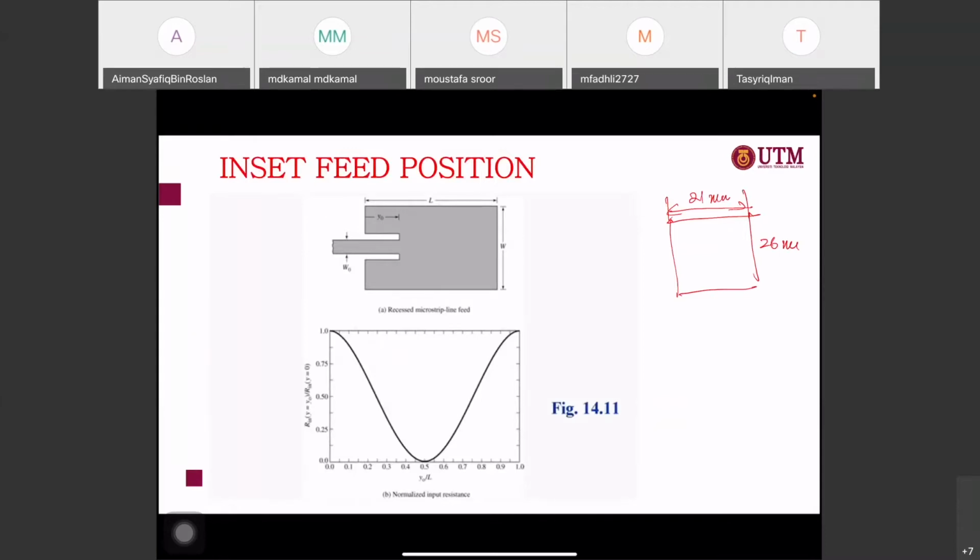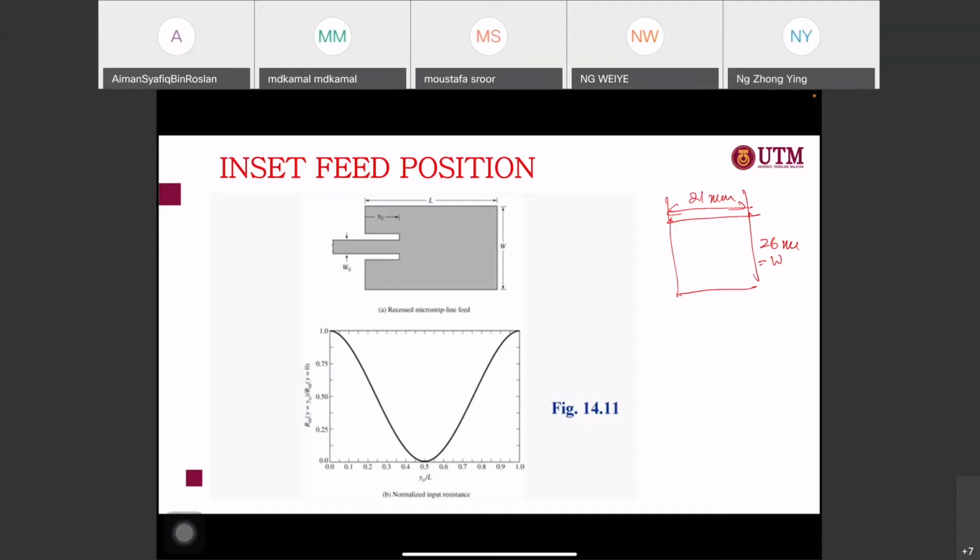Yes. Okay, how about the rest? Do you get the same answer? I get 0.015 meter. 0.015 meter is too small, I don't think so. The rest, Ang Zong Yang, what is the answer that you get for L? 0.02 meter.